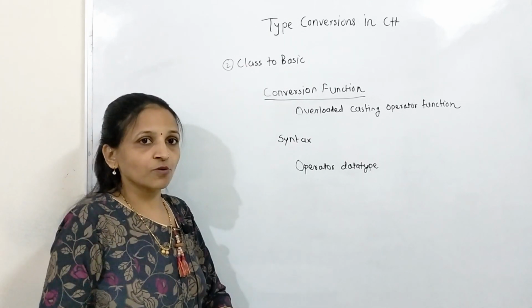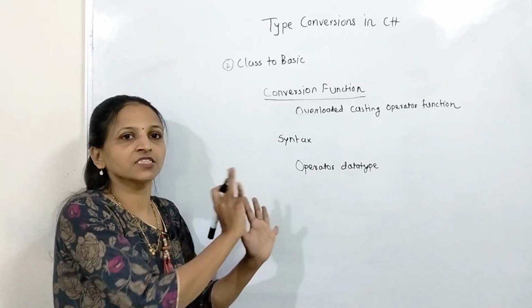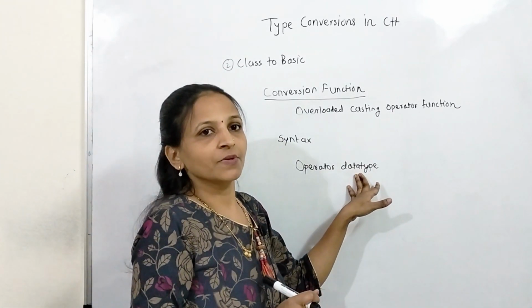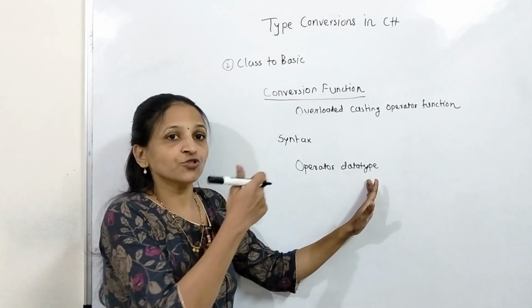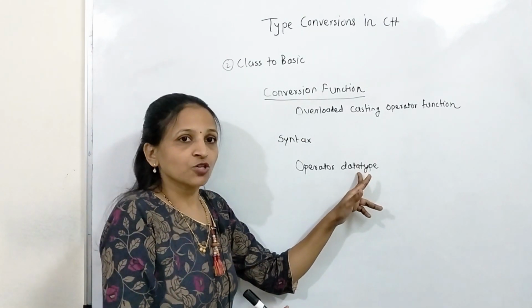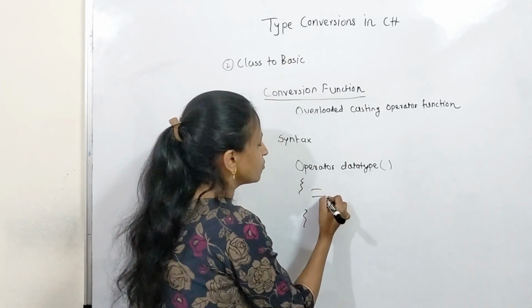So if you want to convert that class object to integer, then inside that class you have to write this conversion function and mention the int data type there. Like this: operator, then whatever data type you want to convert the class object to, you mention it here. Don't pass any argument, just write the code here.